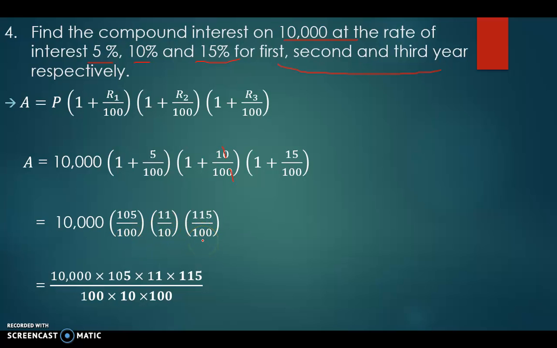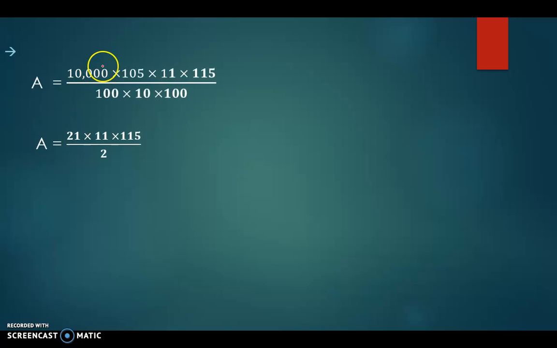So here we will find the value of all these things. You have the 1, 2, 3 and 4 zeros cut down. So 105 upon 10: we know 21 multiplied by 5 is 105 and 5 multiplied by 2 is 10, so 5 is cut down.